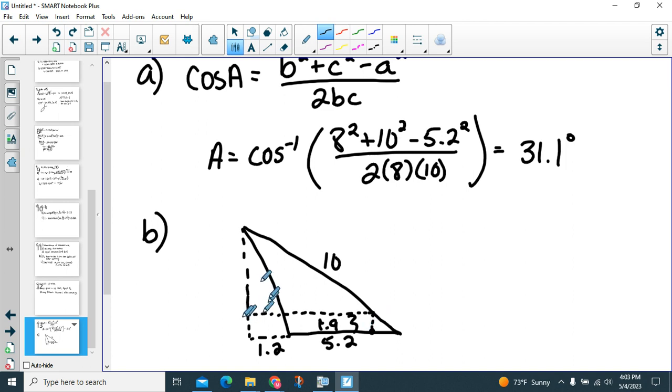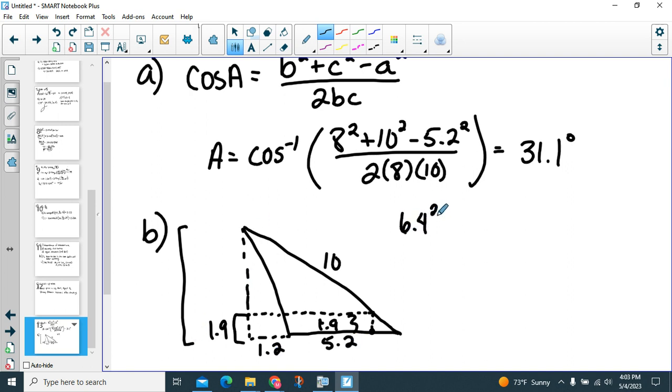So I know that this piece right here is 1.9. First I'm going to find this whole distance here simply by using the Pythagorean theorem: a squared plus b squared equals c squared. My a, 1.2 plus 5.2, would be 6.4.